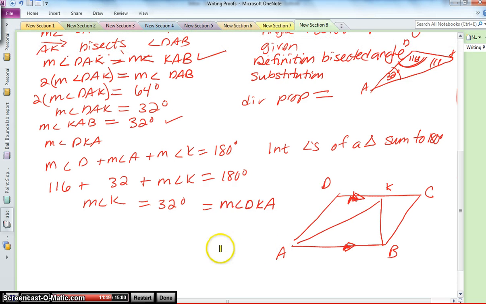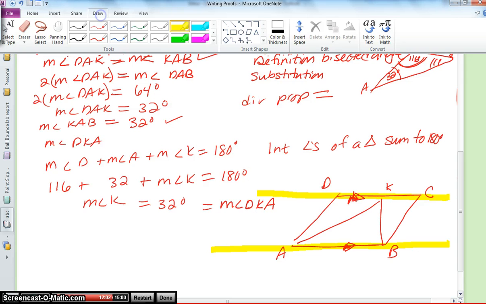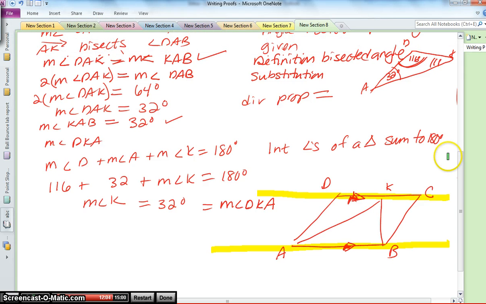Well, we do have a postulate that tells us that same side interiors are supplementary. Our parallel lines are highlighted with yellow. Our transversal would be CB.